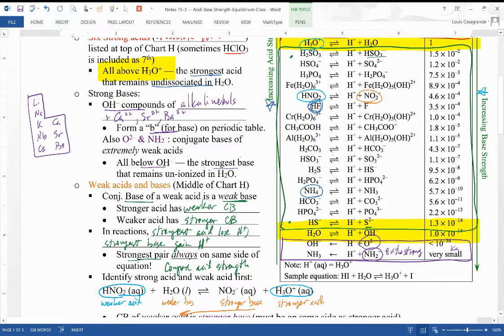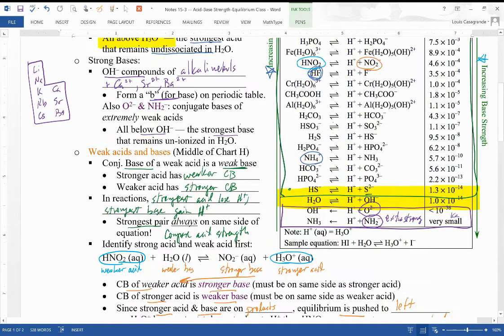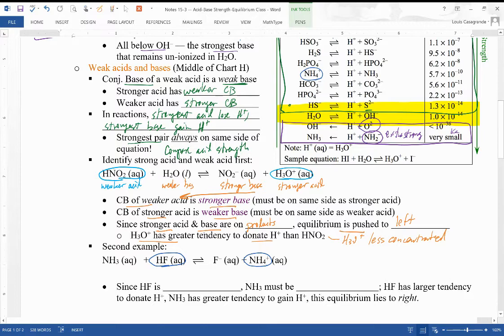So according to this chart, HF has a higher Ka, and so it is the stronger acid. Let's label the HF as the stronger acid. That means NH3, which is on the same side of the HF, must be the stronger base.